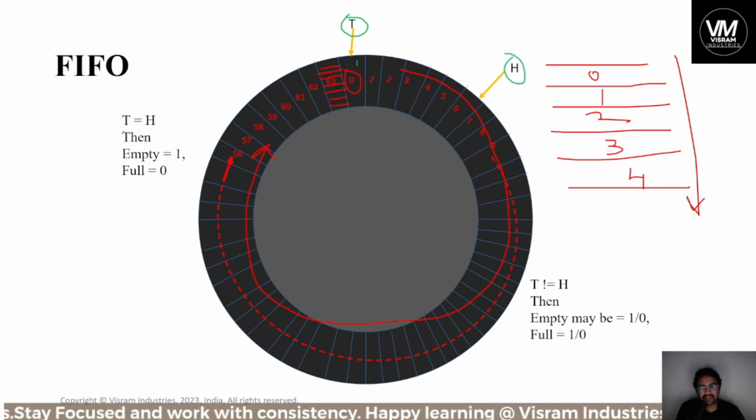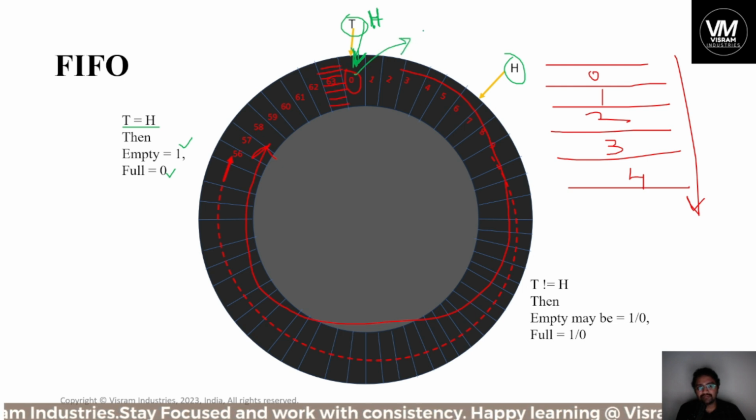Let us consider a condition at t is equal to h, then empty is equal to 1 and full is equal to 0. At t is equal to h, both t and h will be at the same point, at the initial stage, at the beginning. At that same point, what are we indicating?